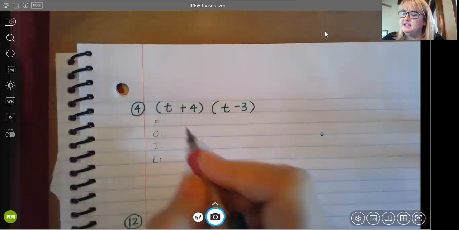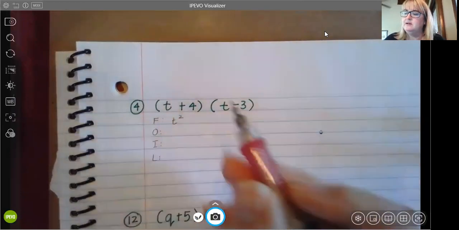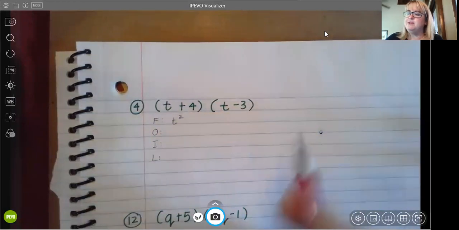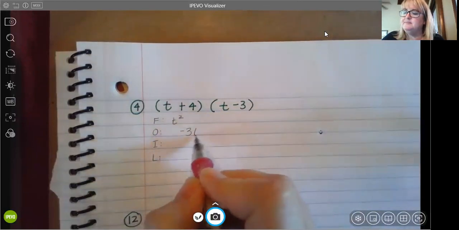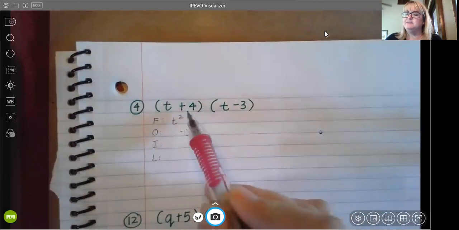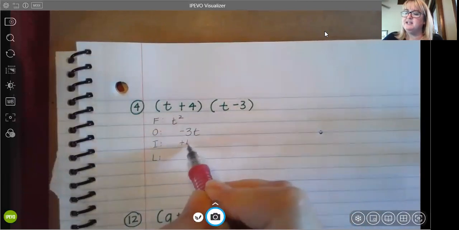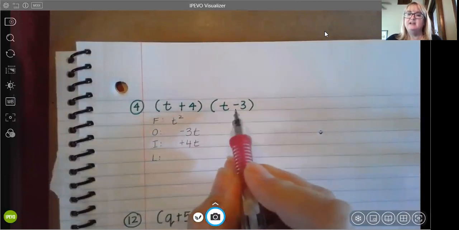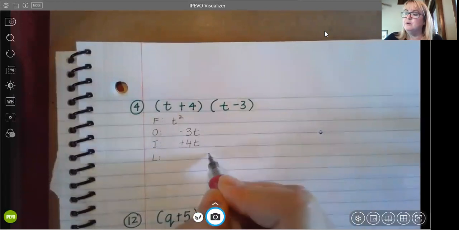T times t is t squared. And then the outer, t times negative 3, would be negative 3t. And then the inner, 4 times t, and it's positive, so it's plus 4t. And then the last, this is a positive 4 times a negative 3, which would be negative 12.